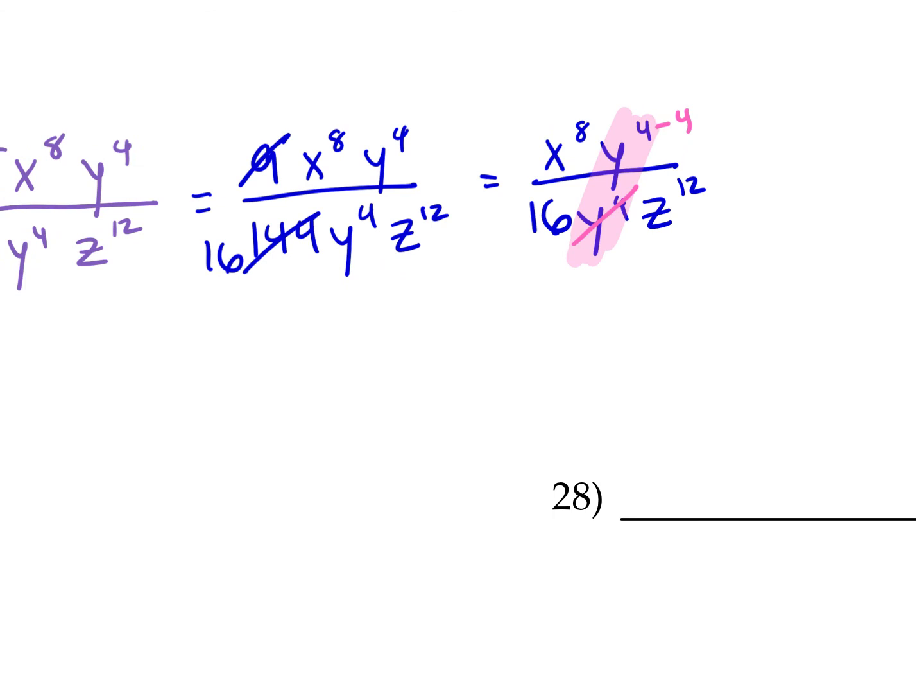What is y to the power of 0? 1. So it disappears. It just becomes 1. So I have x to the 8th power over 16 z to the 12th power. So it's not y to the 1st power. It was y to the 0 power, which now the y became 1. So you could put a 1 there, but you don't need the 1 there. The y just went away.